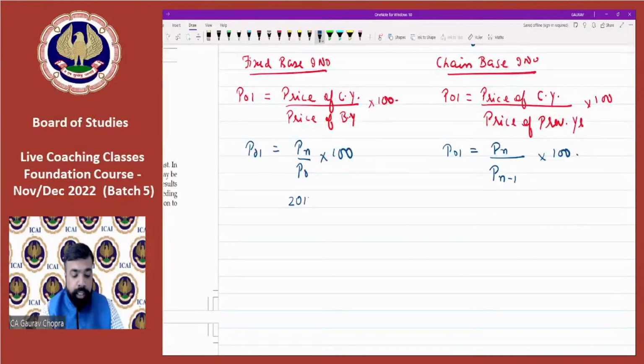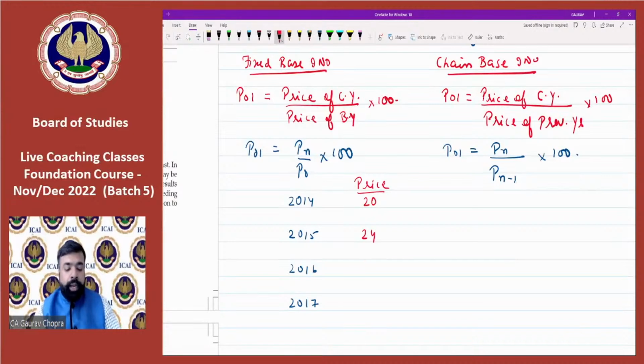Let us take one example: 2014, 15, 16, and 17. There are 4 years. Price is given as 20, 24, 30, and then 40. If we have to calculate the fixed base index number, the first year is always the base year, so the index number will be taken as 100.